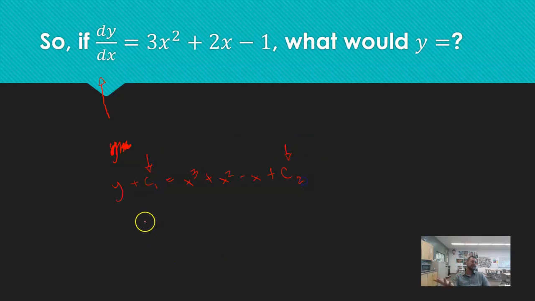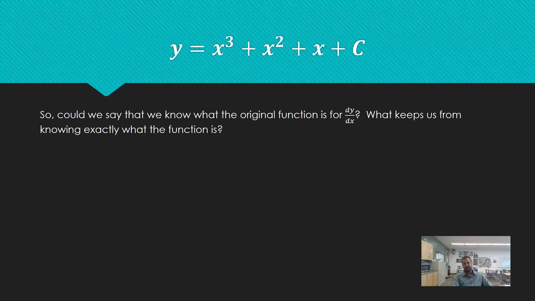But because both are constant numbers, I can move that c over to the other side, subtracting or adding depending on what it is, and I would just have x to the third plus x squared minus x plus a different constant number, but it's still a constant number. So when I have an antiderivative of an equation, although there are technically two plus c's, I only have to write one of them. So I've got y equals x to the third plus x squared minus x plus c. And that would be what y is equal to. Okay, so we've got it right there.